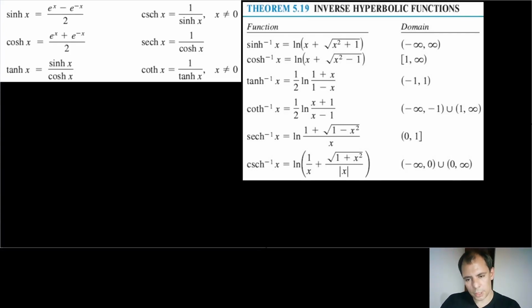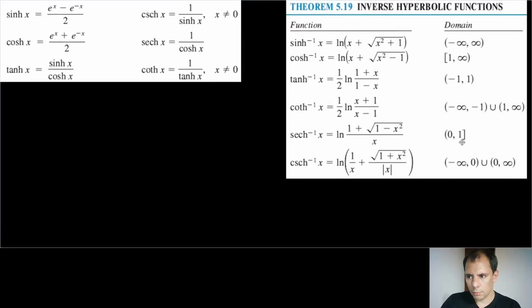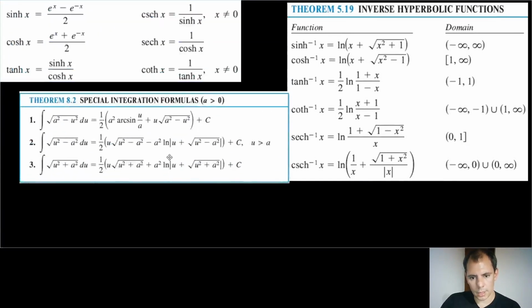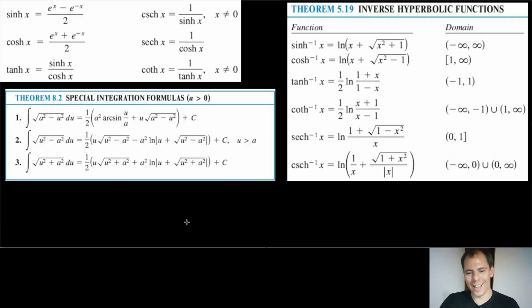Now, there's some special integration formulas. I'm going to let you guys pause this. Well, let me see here. Maybe here. And then you got this. Yeah, it's a bunch of formulas, I know. It's overwhelming, right?